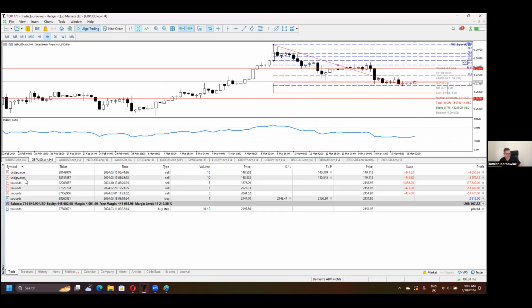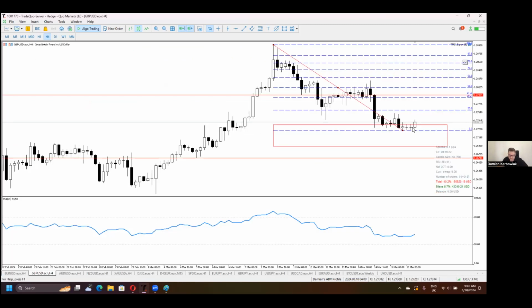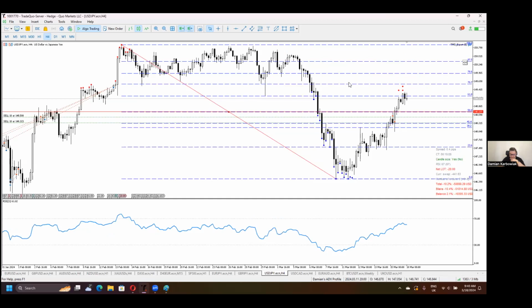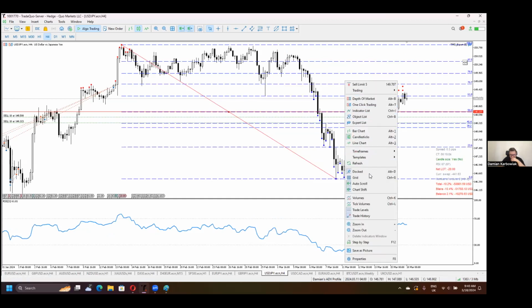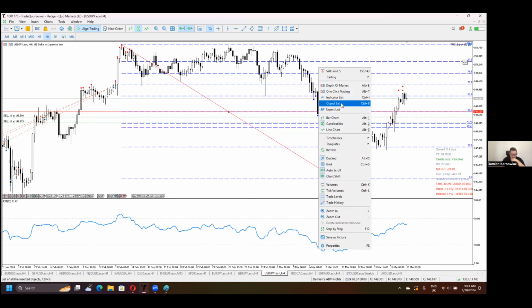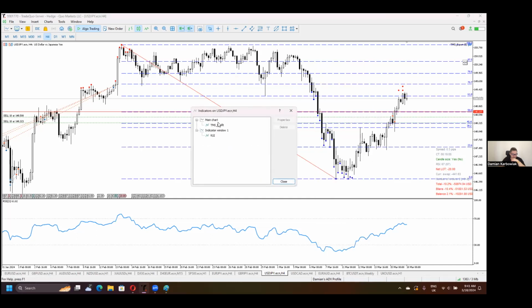I don't have any transaction on GBP USD, or maybe it's because the spread is moving. So I don't know, because they put some update on the indicators, and as you can see, it's one line more here. Okay, come back here. What happened? Let me turn off this indicator.